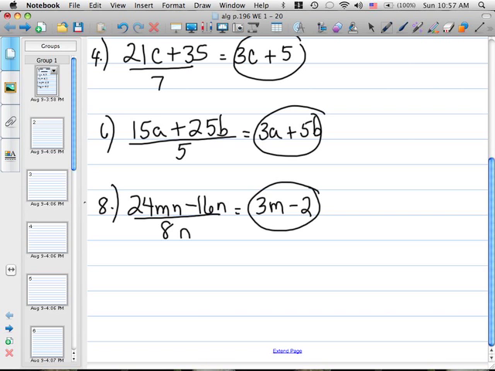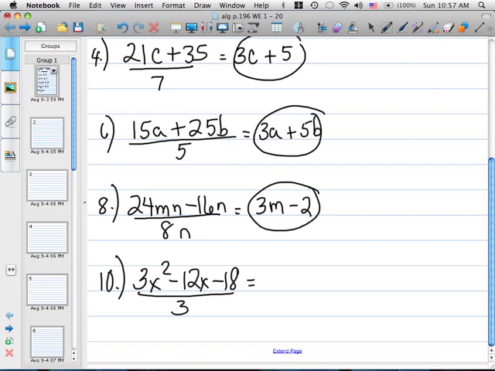One way you can check to be sure you're right, besides looking at the answer in the back of the book, is to take your answer here and times it by the 8n and see if you get back the numerator.